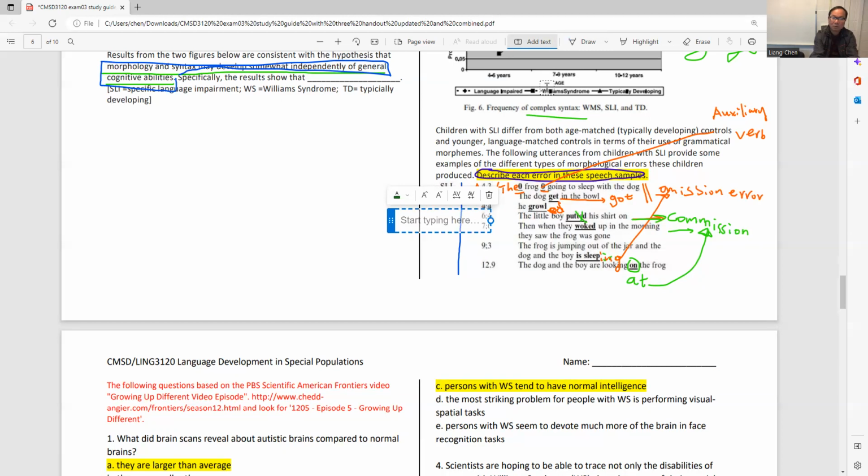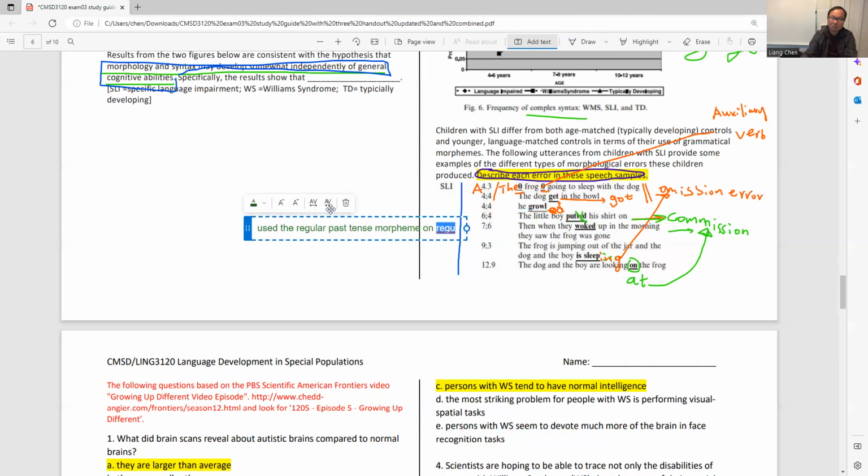Commission. Use the regular past tense morpheme on, sorry, on an irregular verb.